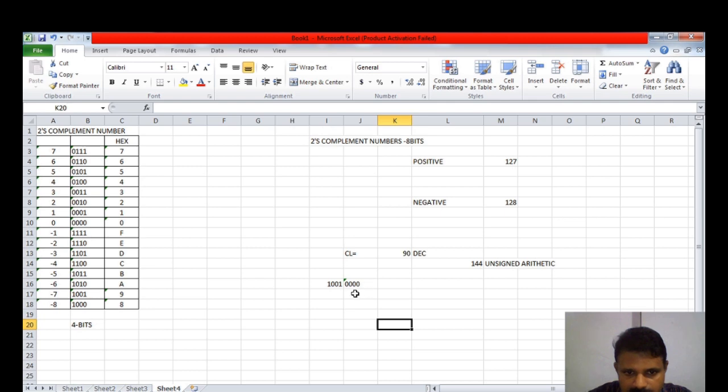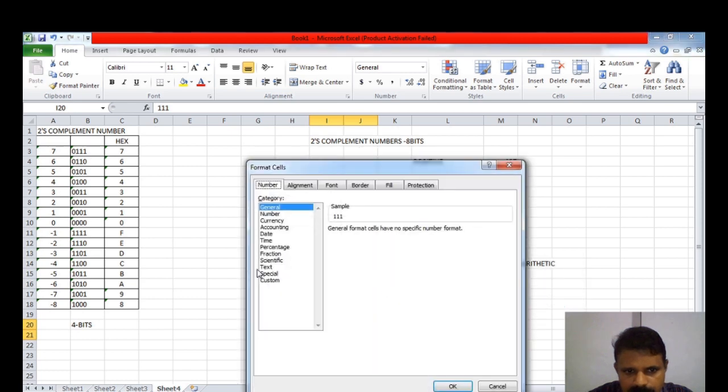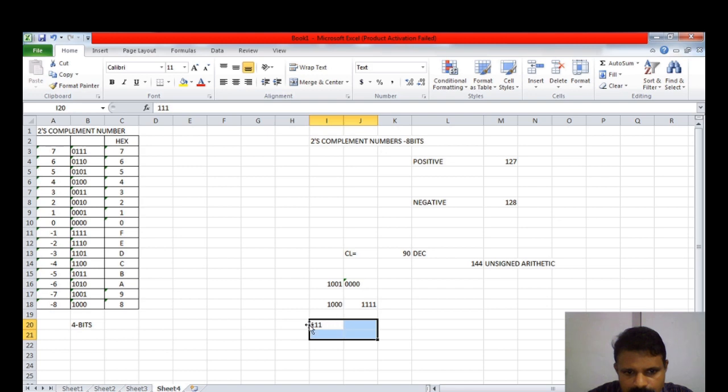Okay, so let us decrease 1. You will be getting 1000 1111. Its complement will be 0111 0000. 8 bits.